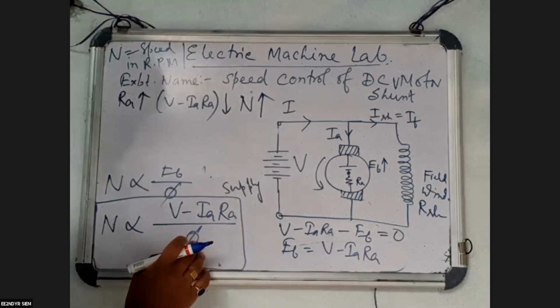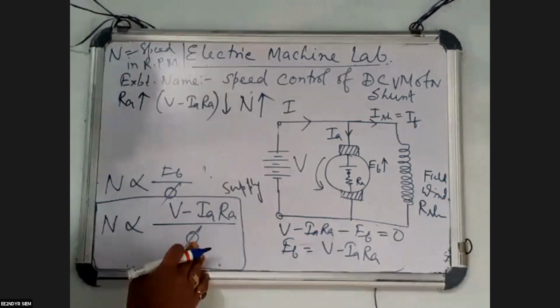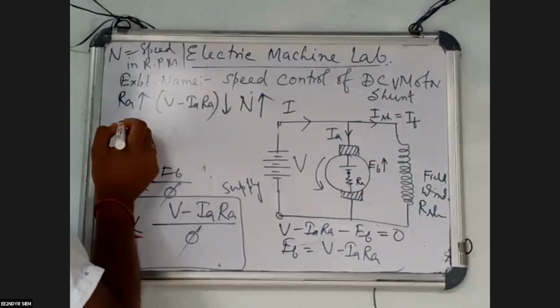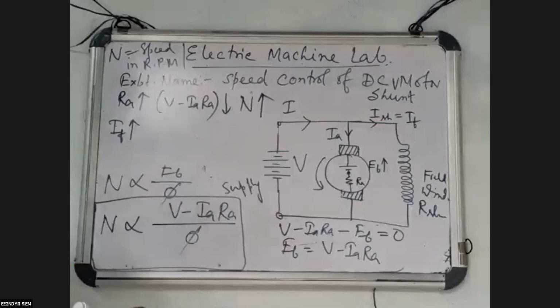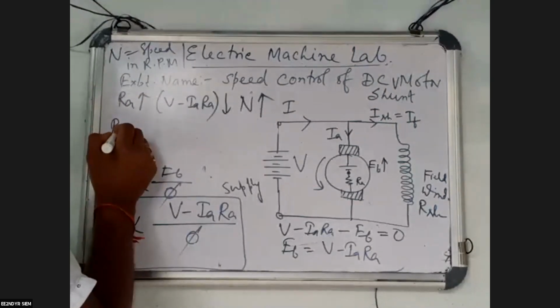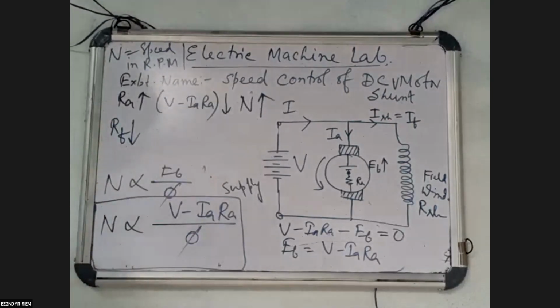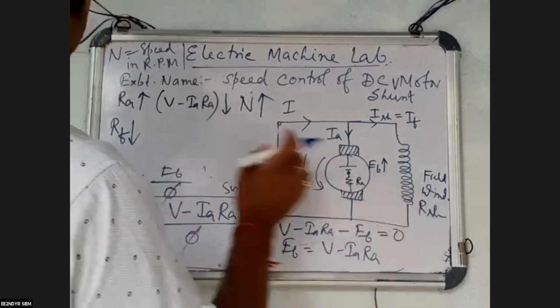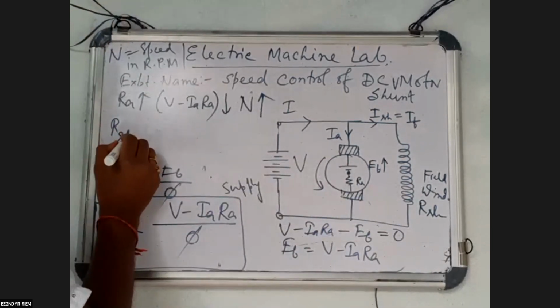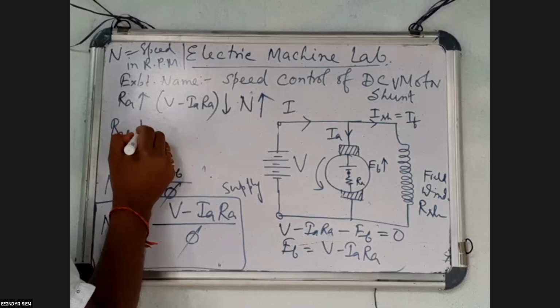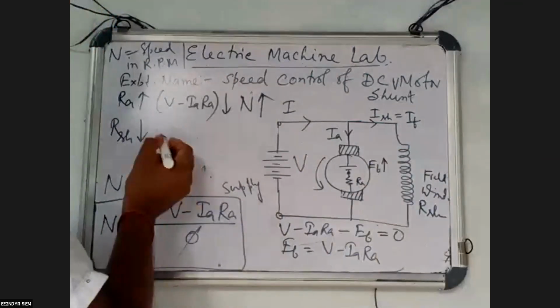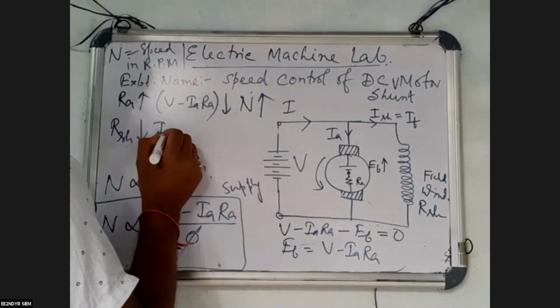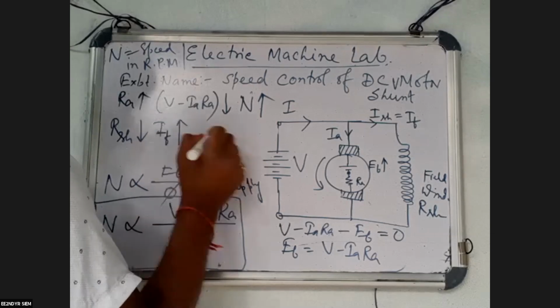Similarly, in case of φ, that is flux, if we increase the value of field current, how do we increase the value of field current? By decreasing the field resistance, RF or RSH. You have written here RSH, so I'm writing here shunt field. If we decrease the value of the shunt field resistance, in that case the field current IF will increase.